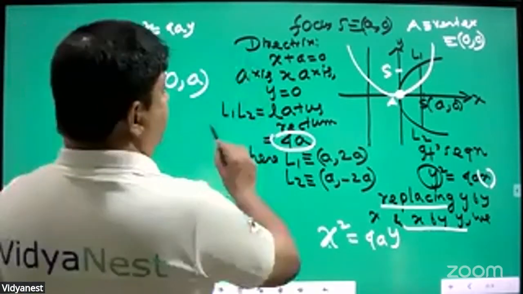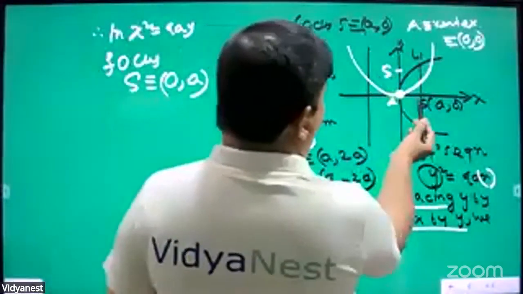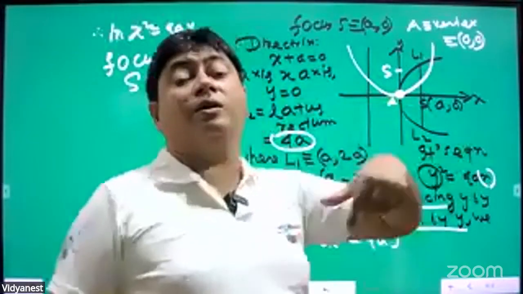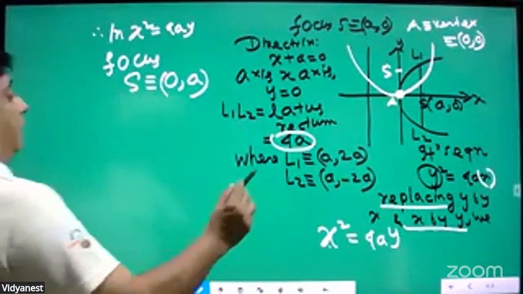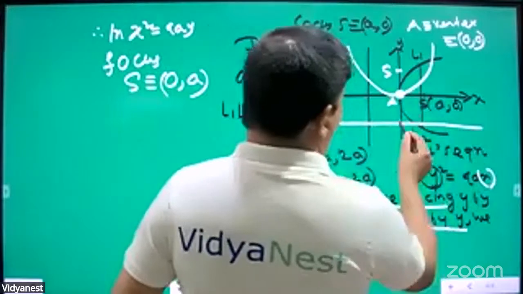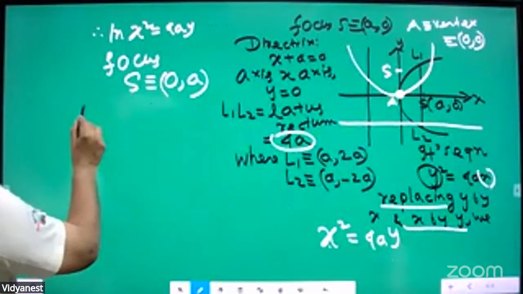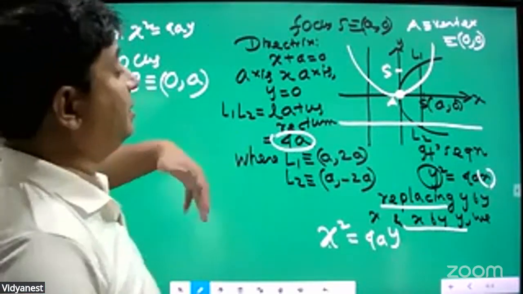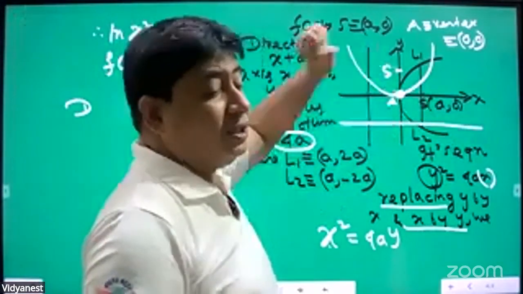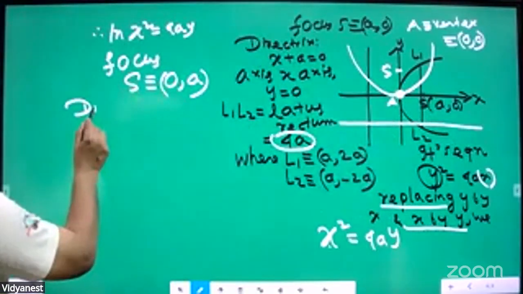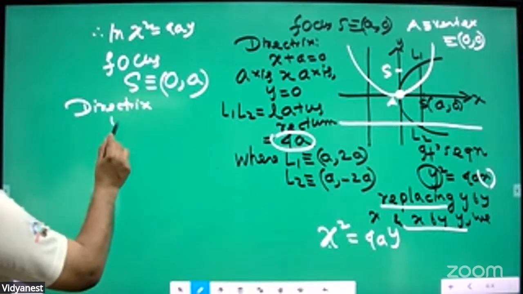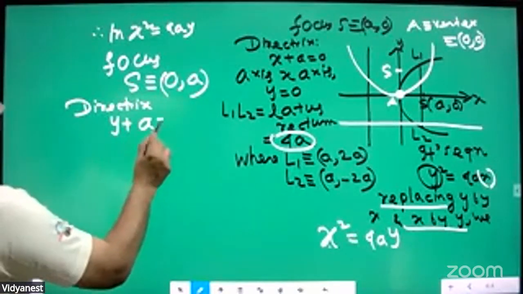Okay, directrix. Here, directrix was lying just opposite to the focus with equal distance. Here also, directrix will lie just opposite to this focus with equal distance. So directrix will now be measured with respect to x-axis, and it is y is equal to minus a. So directrix: y plus a is equal to 0.